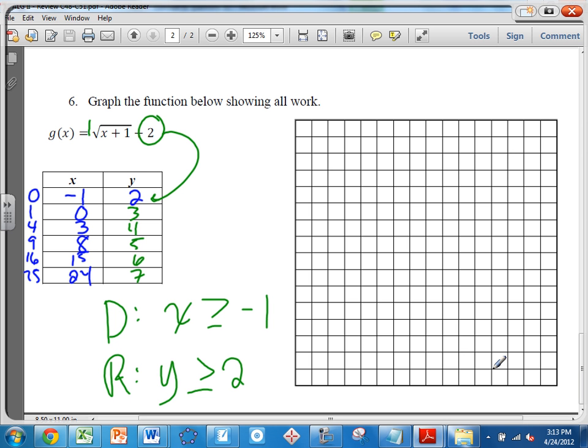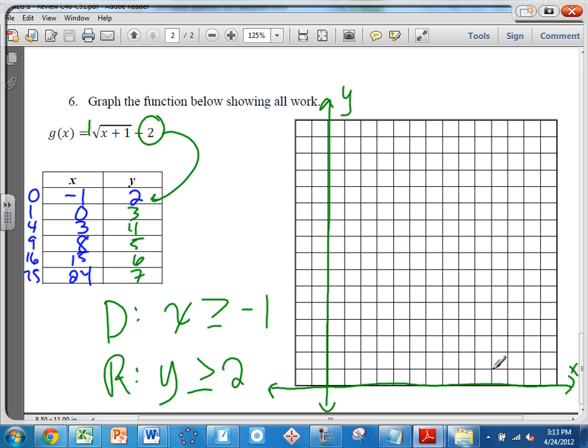So let's leave behind maybe 2 boxes on the left side. But do I need any negative Y values? No. Look at the Y values. What's the smallest Y value? It's 2, isn't it? So I don't need a negative Y, so I really don't even have to go down anymore. I can go all the way down to the bottom there for X. So this helps me choose my X and Y axis.